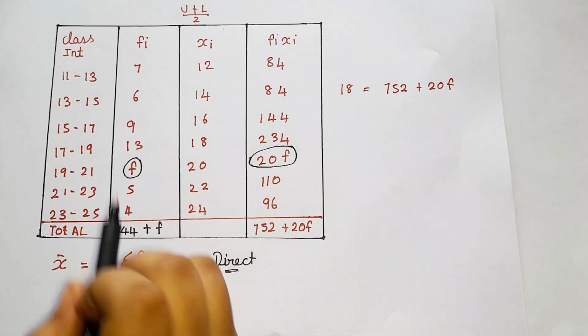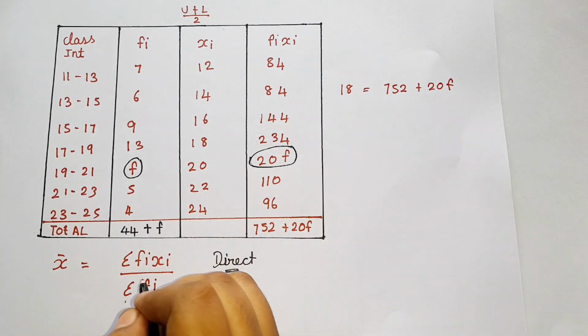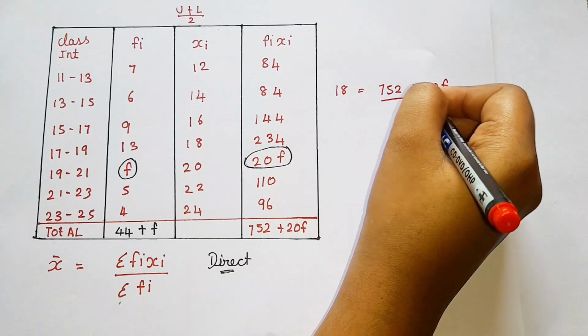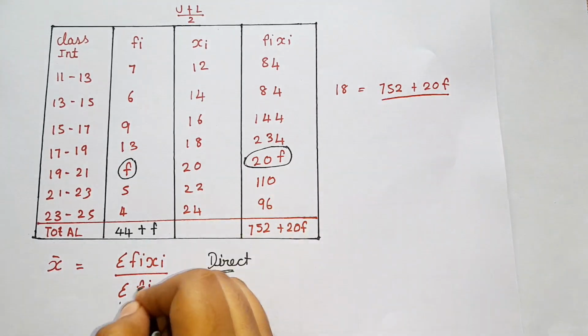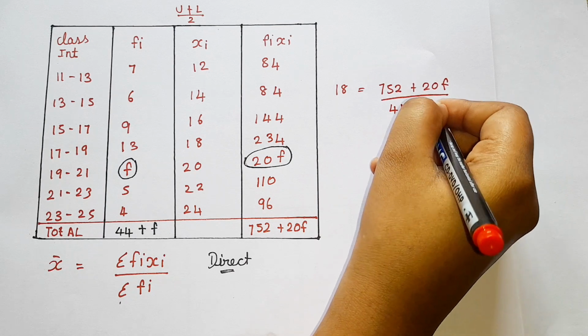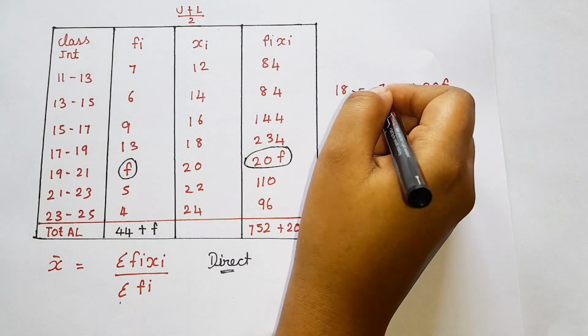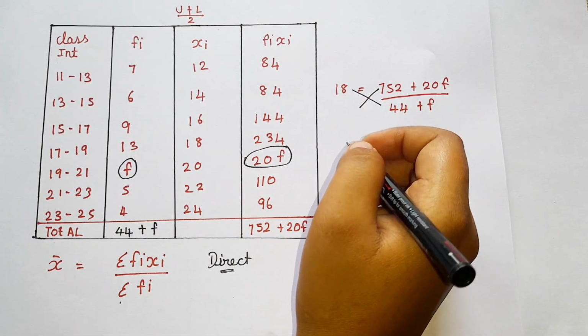Here the Fi value we got is 44 plus F. This is the formula, so we are going to divide by sigma Fi, which is 44 plus F. These are the values. Now we are going to cross multiply.